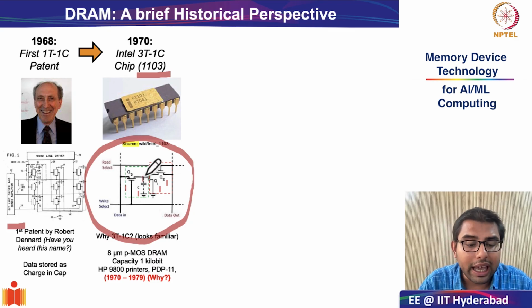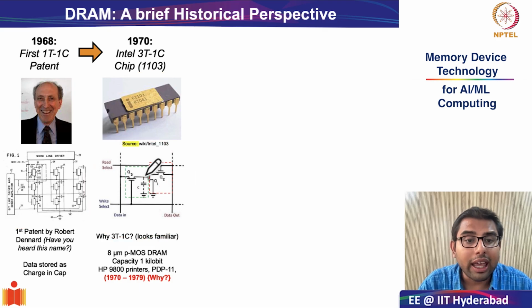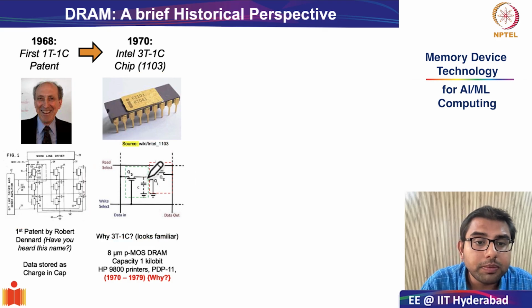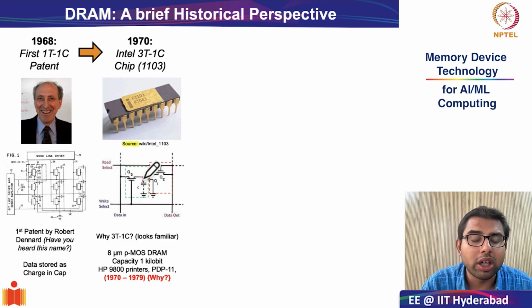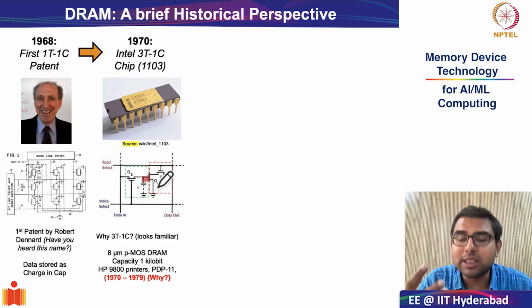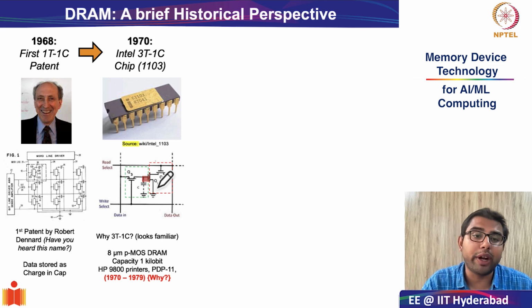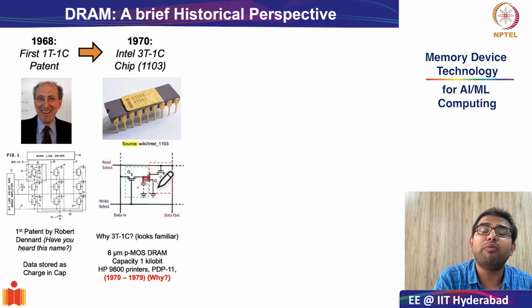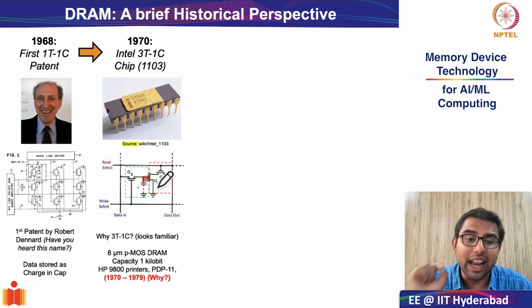So even in this case, the storage node is capacitively coupled to the Q1 transistor, and therefore you can in principle do a non-destructive read, which is not possible in 1T 1C DRAM cells.